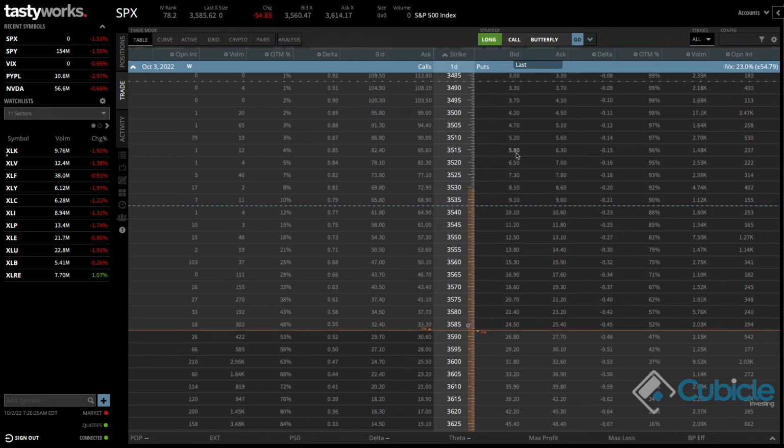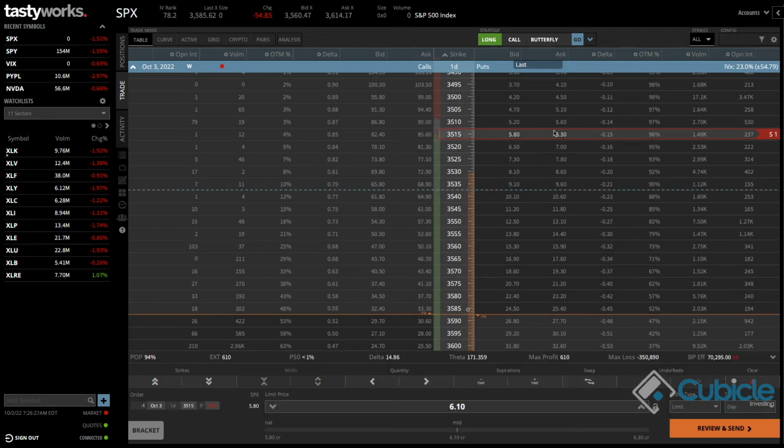You could say 35.15 and 35.10 if you're looking to put on a vertical put credit spread. That will put you outside of the average expected move of the next day's opening price of plus or minus 50, because the negative 50 move will be down to 35.35 with respect to its closing price.